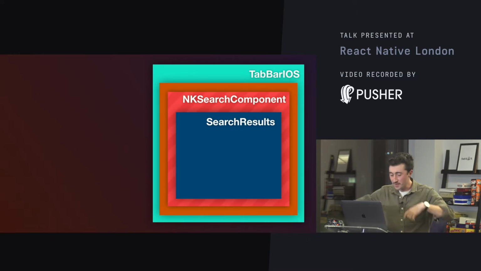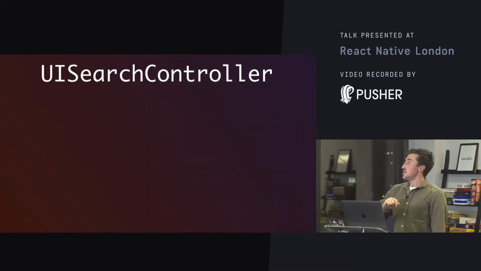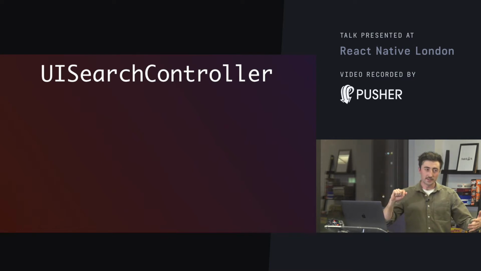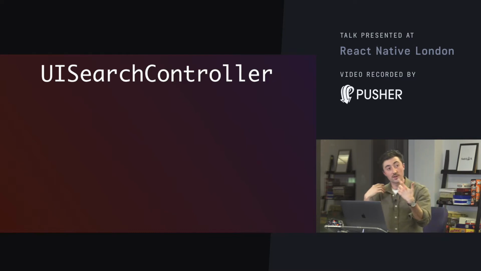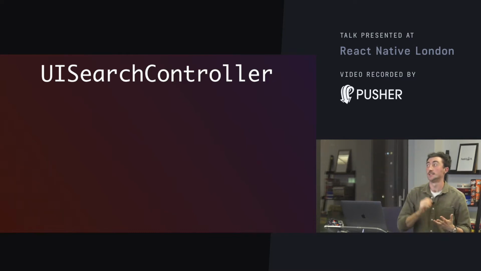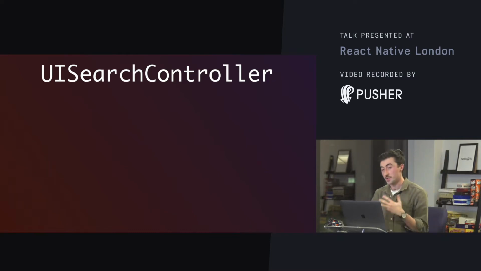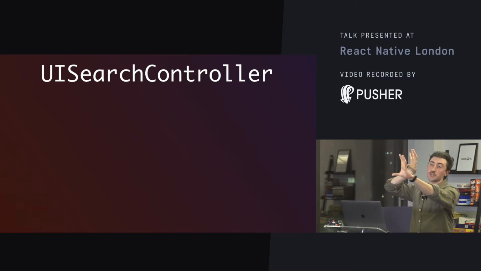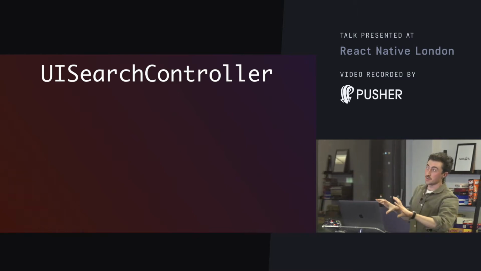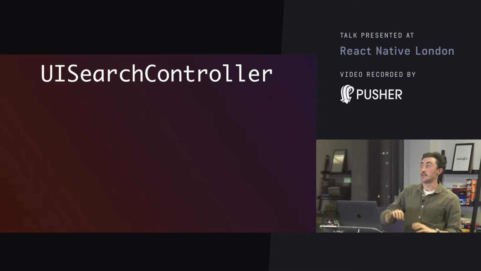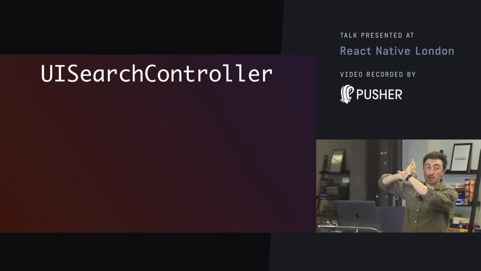It's fine. So the next thing I'm going to introduce you to is a thing called UISearchController. Like how we had UI View Controller, UI TabBar Controller, there's UISearchController, which is what we're going to use to get that keyboard at the top to then display our search results underneath. And this is the native thing that we're kind of going to wrap.